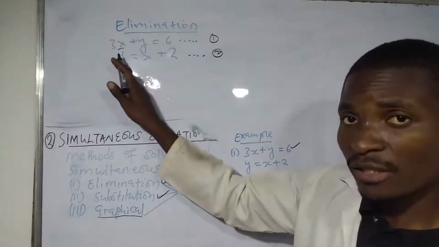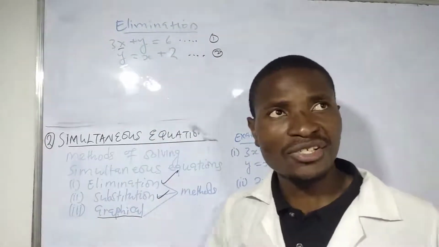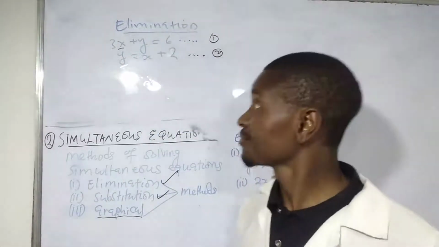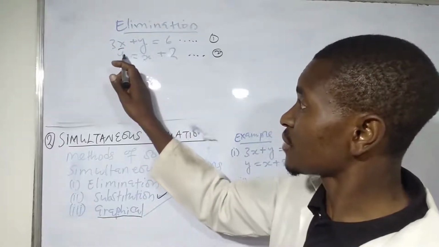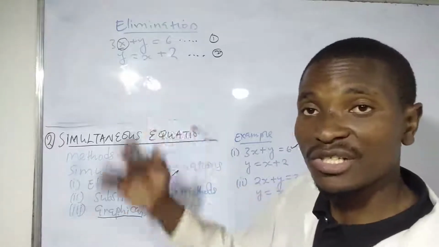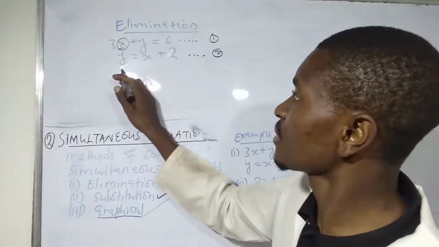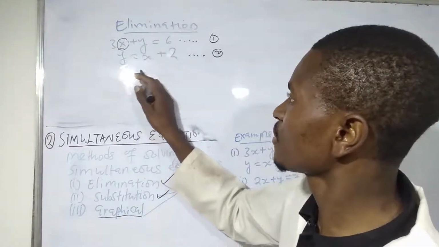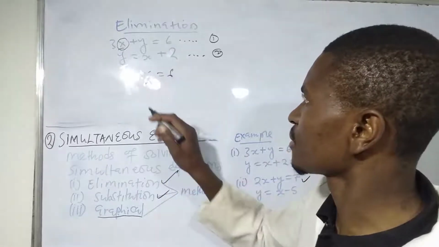So we have to ensure that we rearrange this kind of equation, so that if this is x which is starting there, even the second equation should start with x. So this is going to be 3x plus y equals to 6.